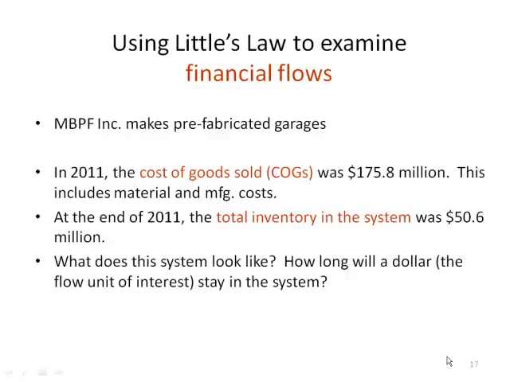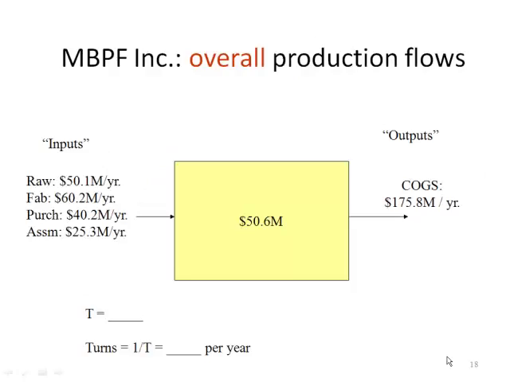So we might ask, what does this system look like and how long will a dollar, the flow unit of interest, stay in the system? So if we draw it out, we can start thinking about the inputs over here. We've got raw materials, fabrication costs, which includes labor and other things, purchased materials, and assembly costs, all of which add up to the $175.8 million, the cost of goods sold.